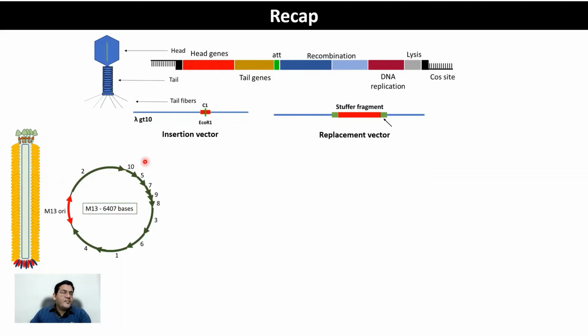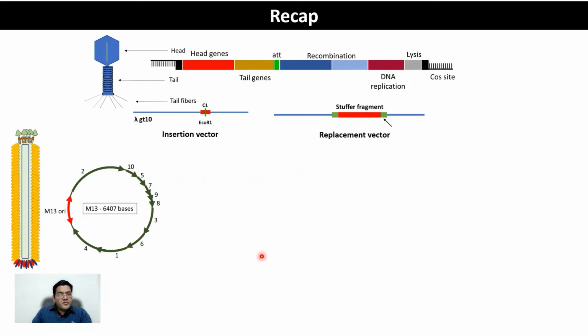This is the M13 genome here, around 6407 bases. If you look into this, there is an M13 origin of replication and there are 10 genes, and all genes are essential for the survival of the M13 vector. So therefore, there is nothing that is dispensable here, as was the case in lambda Phage, right?